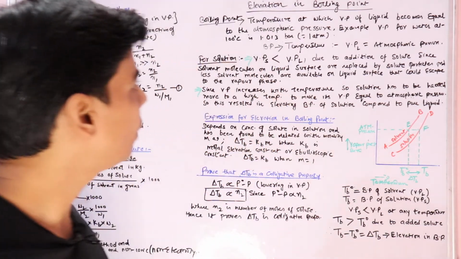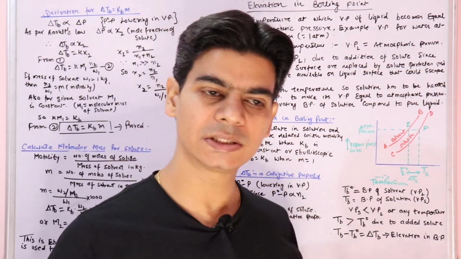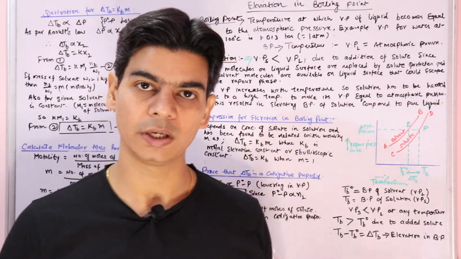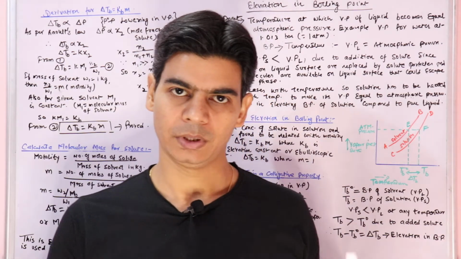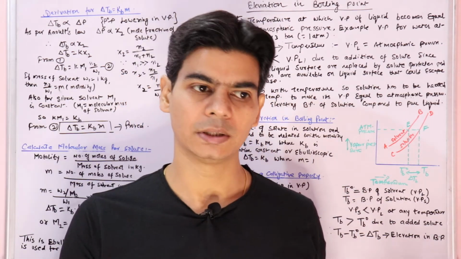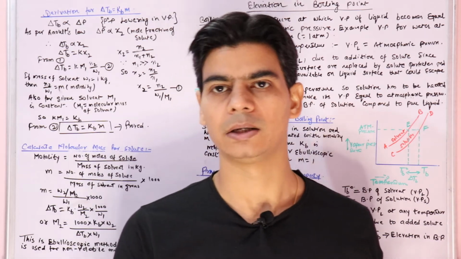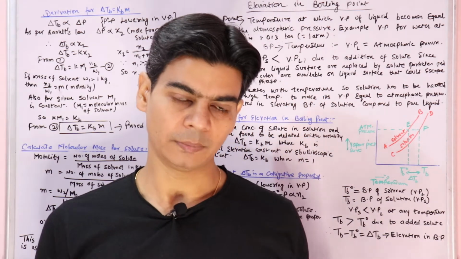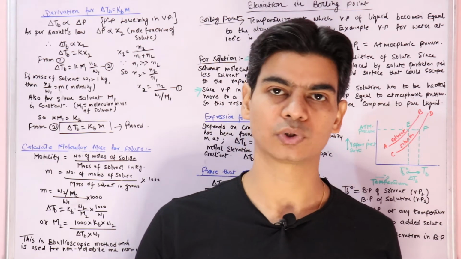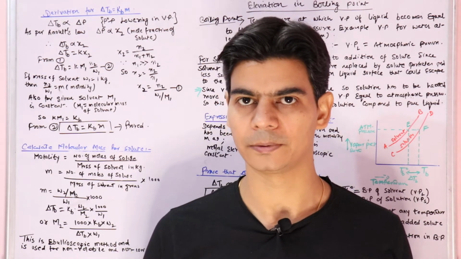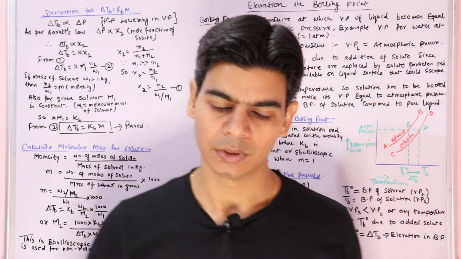So now, elevation in boiling point is a colligative property. By saying colligative property, it means elevation in boiling point depends on the number of solute particles, right? So something is happening to the normal boiling point when some solute is added to a solvent, or any liquid.